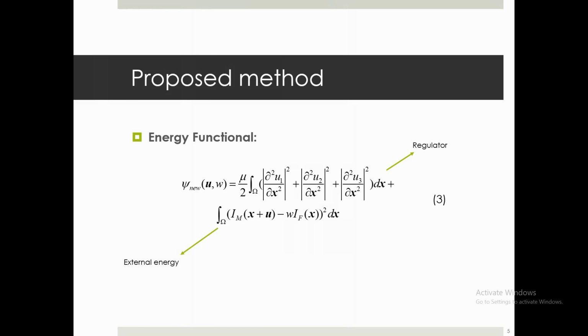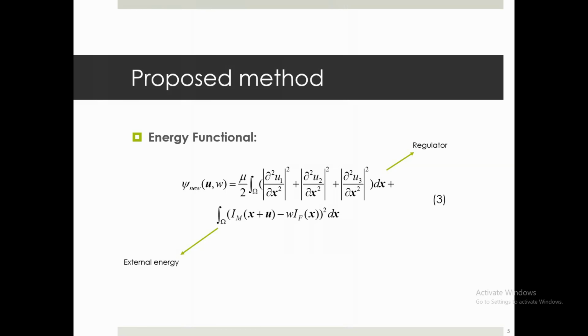In this equation, IF and IM are fixed and moving images respectively. Mu is the regulator weight coefficient, W is the intensity coefficient. For more details, equation 3 consists of two terms. The first term is the regulator and the second one is the external energy.